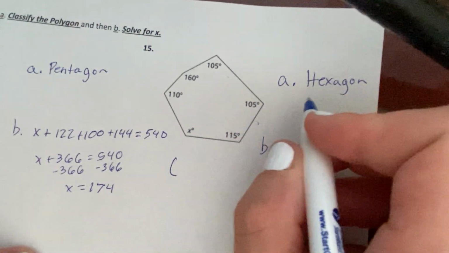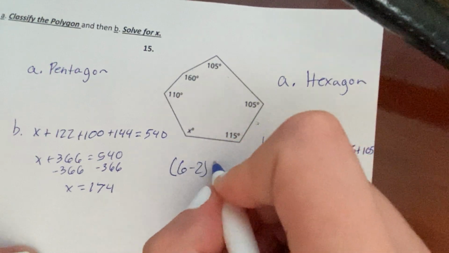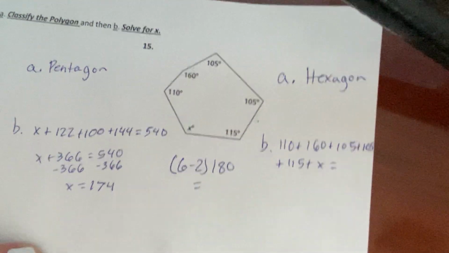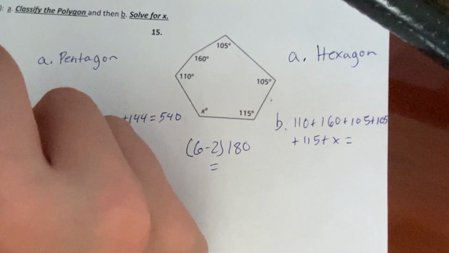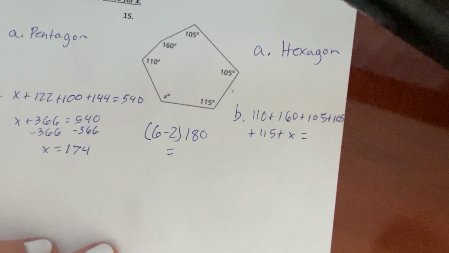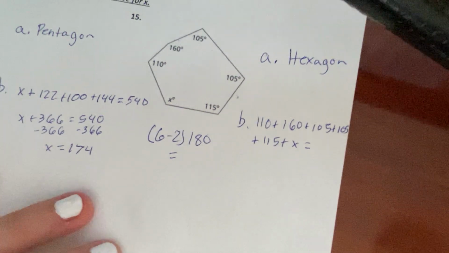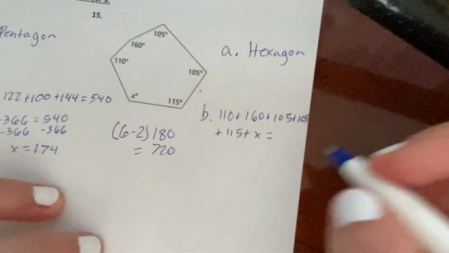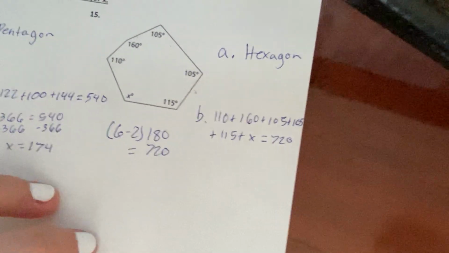So since we have 6 sides, 6 minus 2 times 180, which equals 720. So we'll set this equal to 720.